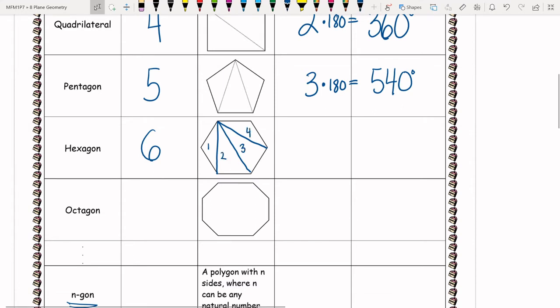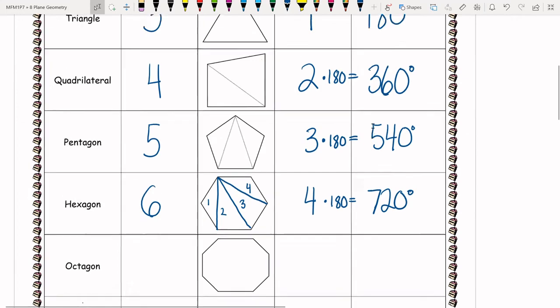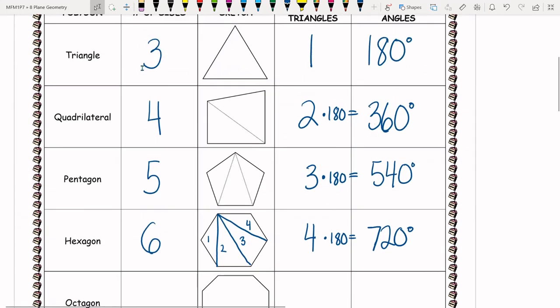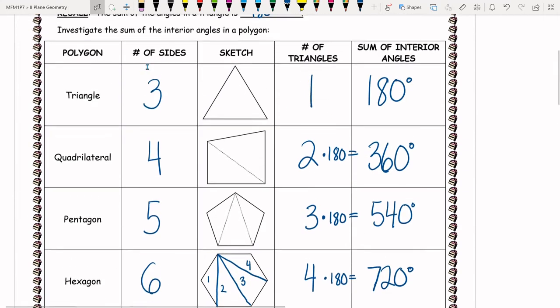We had 4 triangles. What do we do with those 4 triangles to find the sum of the interior angles? Just like the other examples, we multiply by 180. 4 times 180 gives us 720 degrees.